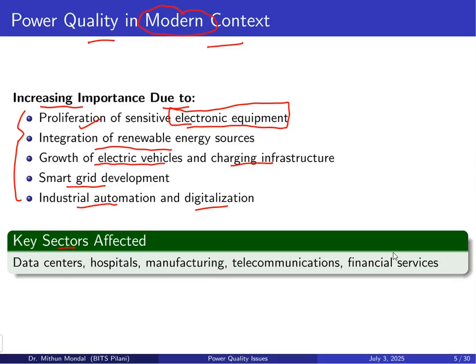The main sectors which are affected by the deterioration of the power are the data centers, hospitals, manufacturing sectors, telecommunications, and the financial services.